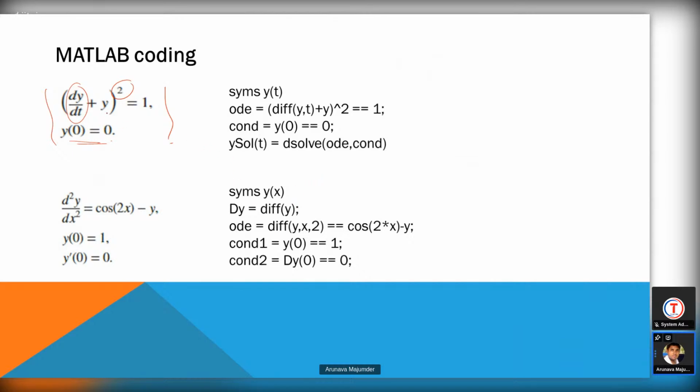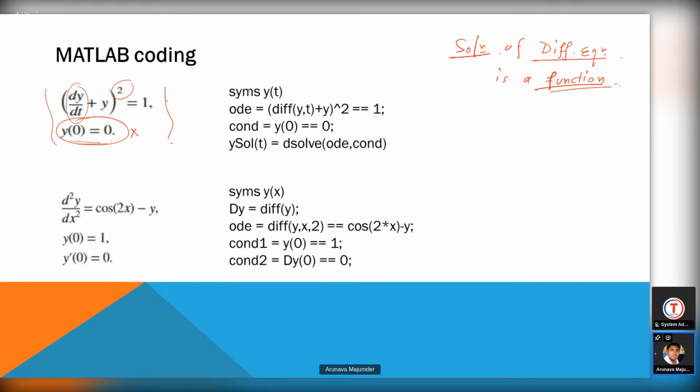If only the differential equation is given, always remember, the solution of a differential equation is not a value but a function. So when you get the MATLAB solution, you will get a function. If a condition is given, you can get only one equation.